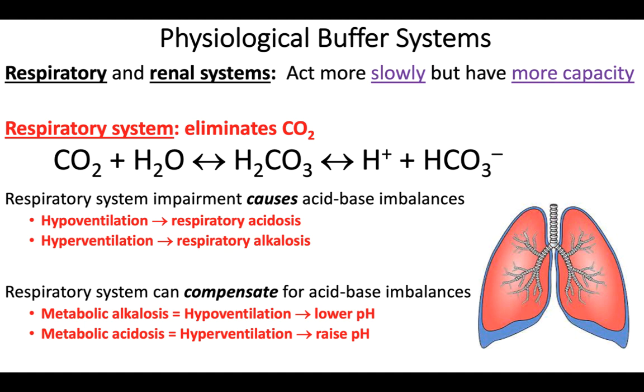The physiological buffer systems act a little slower, but have a larger capacity to help maintain pH. So let's talk about the respiratory system and its involvement in pH. We did this back in the respiratory system chapter, so this is just a reminder. Your respiratory system can cause pH imbalances.